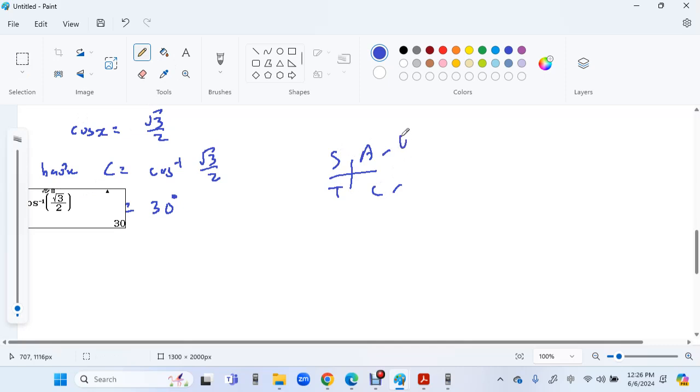ASTC, cos positive will be theta and 360 minus theta. So x will be 30 degrees and 360 minus 30, then it is 30 and 330.